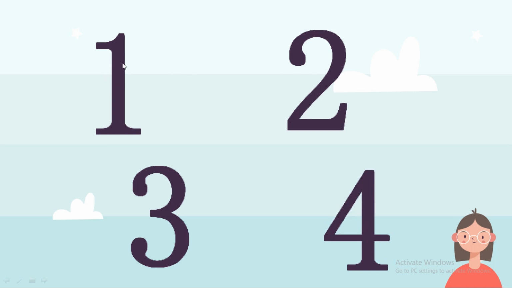You can repeat with me. This number is called 1. Then we have 2. After 2, we have number 3. And then we have number 4. In sequence, there is number 1, 2, 3, and 4. Let's see what comes after number 4.